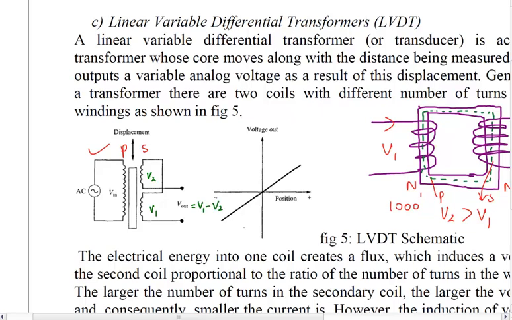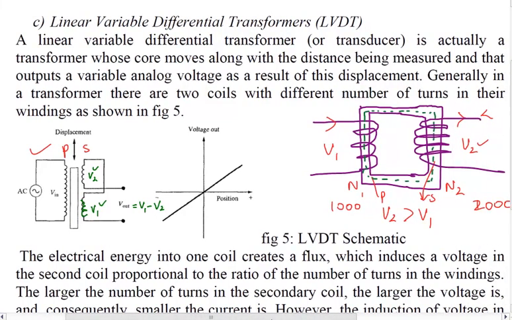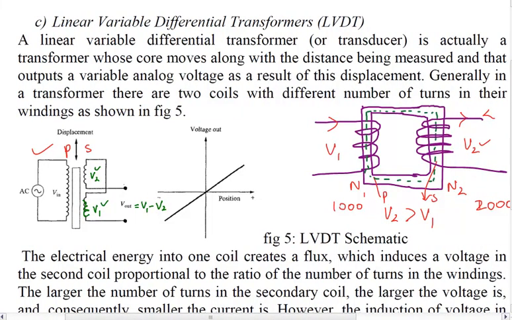So the voltage that is developed here is opposite to the voltage that is developed here. And how have they taken care of that? By putting opposite winding. So the opposite winding that we are having here and the winding that we are having in the opposite direction for V2, both will produce a voltage V out, which is V1 minus V2.